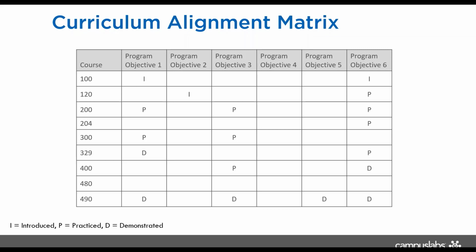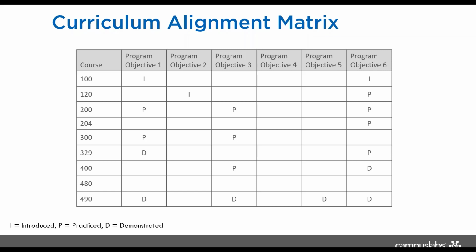Things I'm noticing, and I hope you are too, is that right now, none of these courses are addressing program objective 4. I'm also noticing that for program objective 2 and program objective 5, we have little saturation in that each one is only addressed by one of the courses within the program.